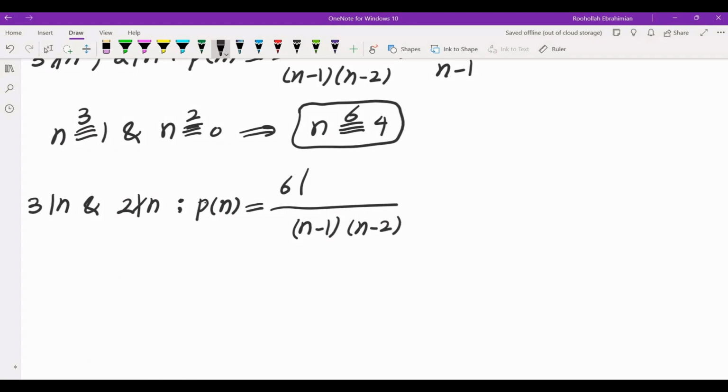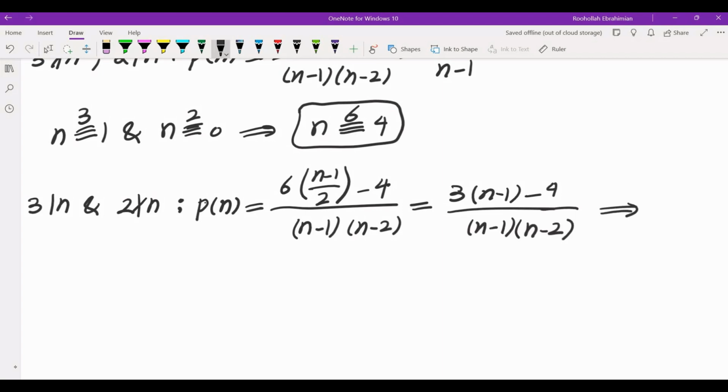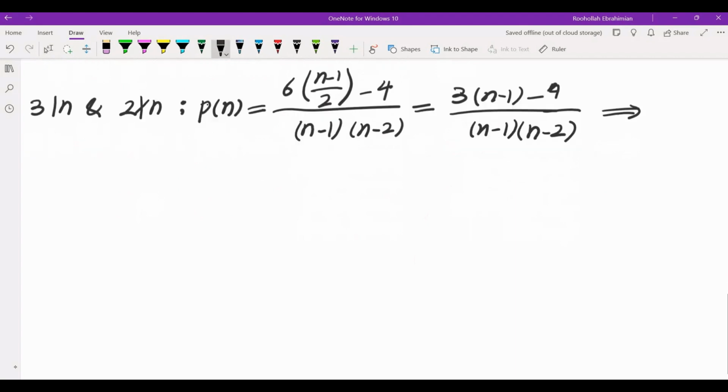The floor is (n minus 1) over 2 because n minus 1 is in fact even, so this is 3 times (n minus 1) minus 4, divided by (n minus 1) times (n minus 2). In order for this to be 1 over something, 3 times (n minus 1) minus 4 must divide (n minus 1) times (n minus 2).